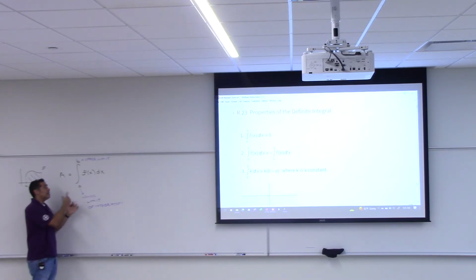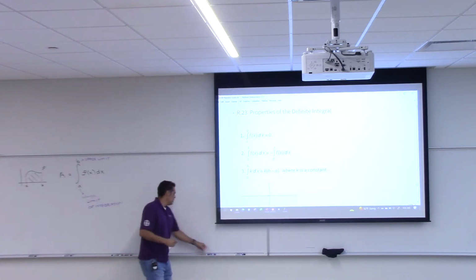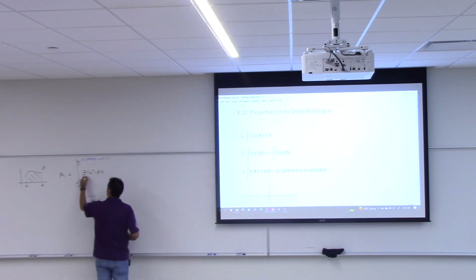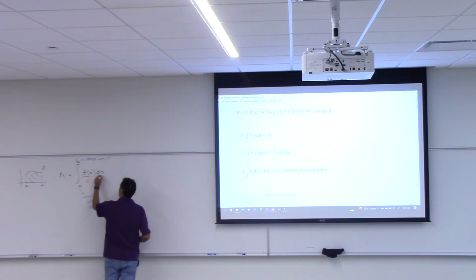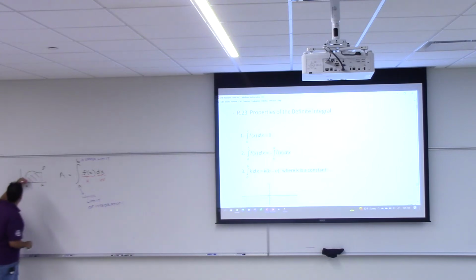I said that I wanted you to look at this f of x dx as the f of x being the height of some rectangle, and the dx being the width. We're multiplying width times height, and then adding them all up.